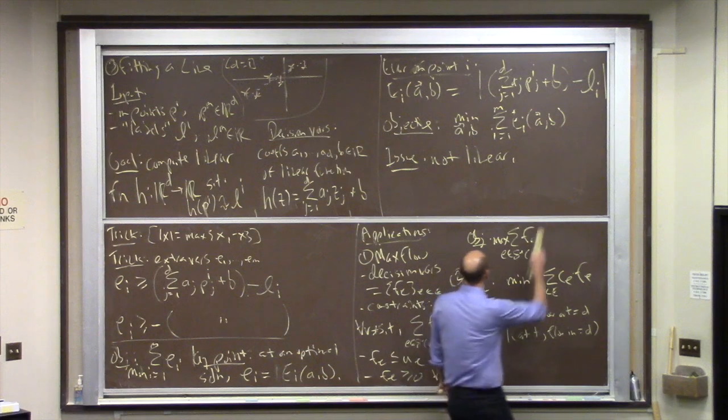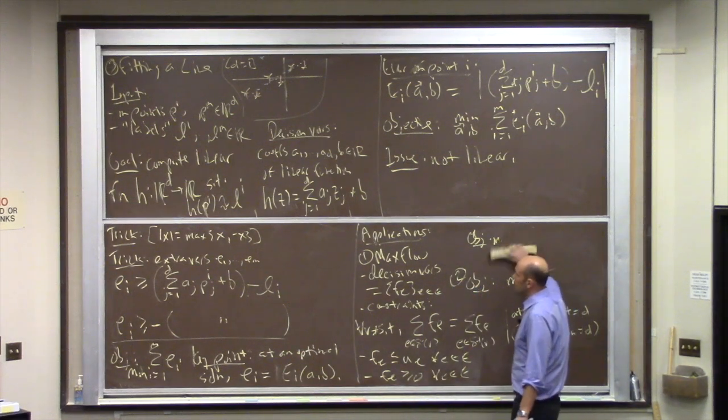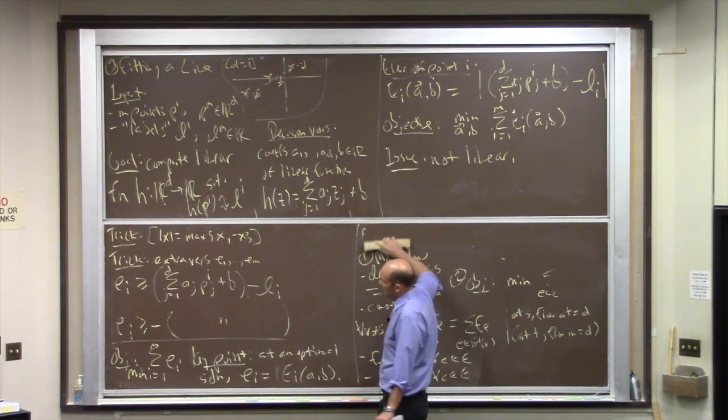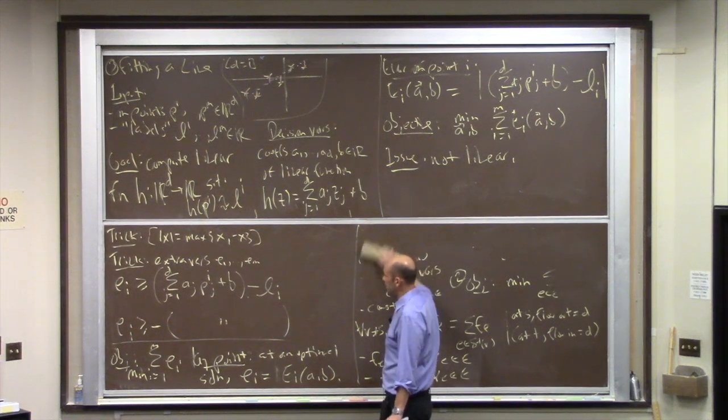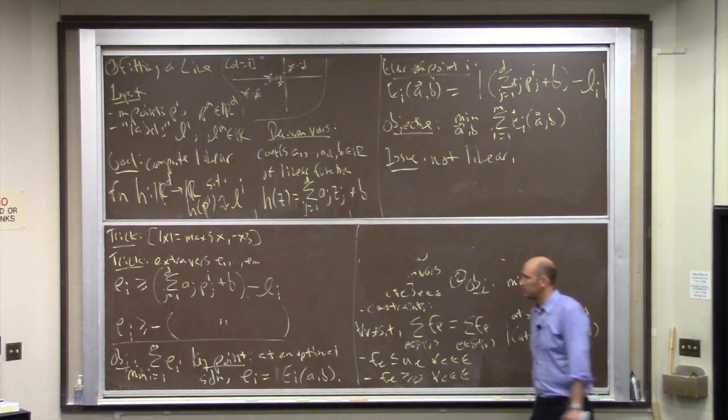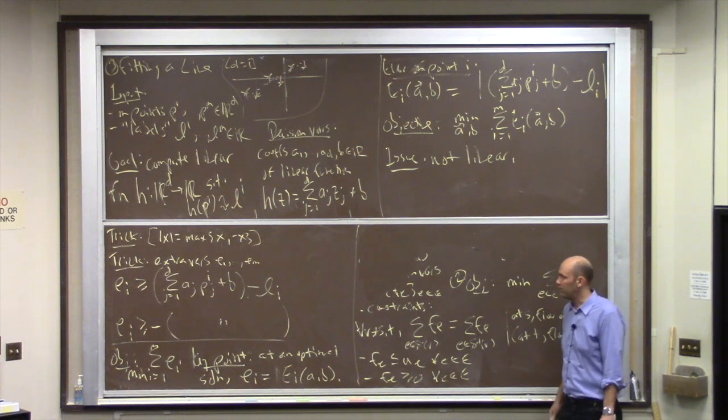So how would you fit a line under this metric? You'd literally just write down this linear program. It has m plus d plus 1 decision variables, and it has 2m constraints. You'd feed that in.